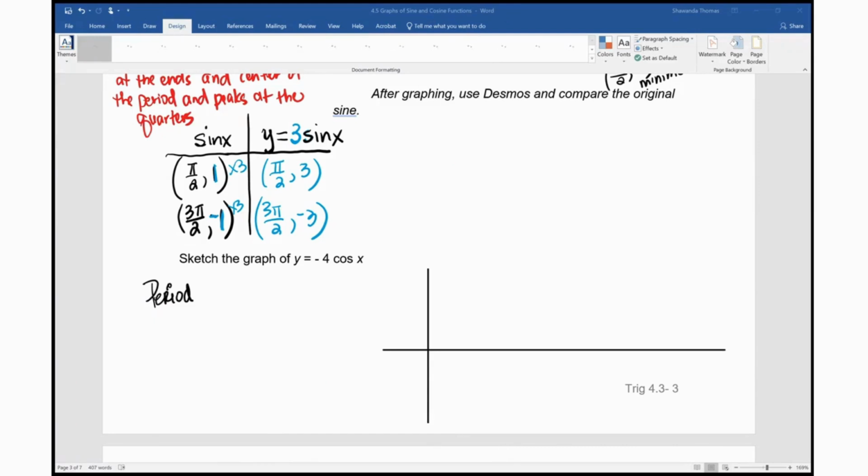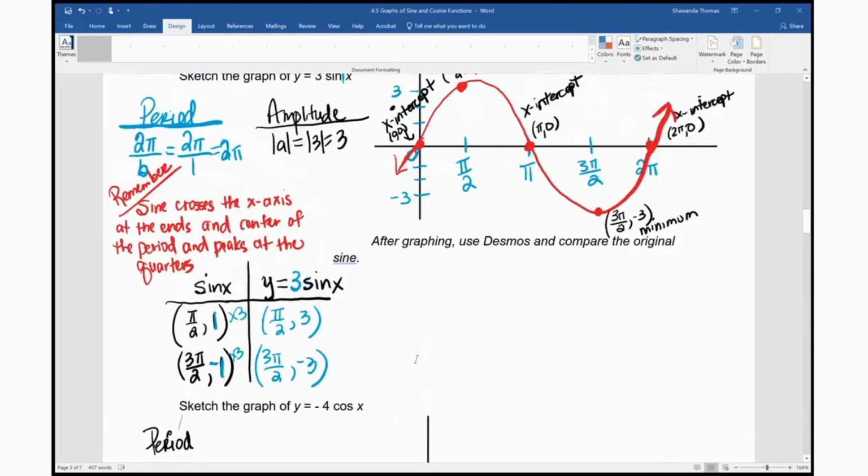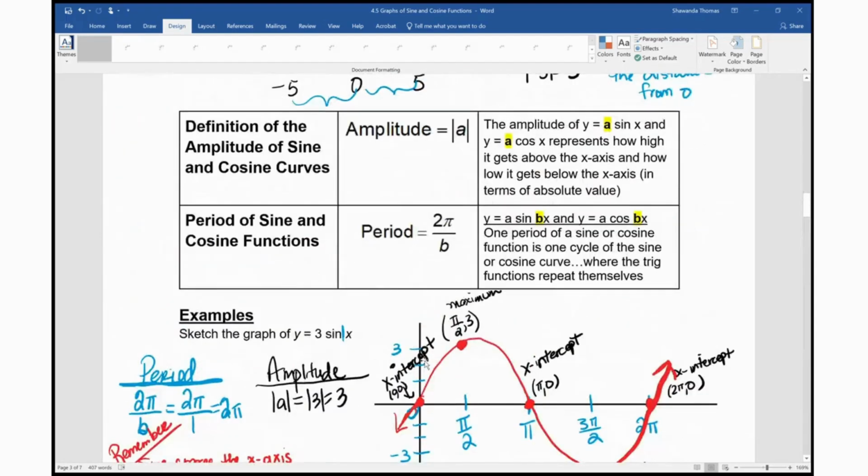Just give me the whole formula. 2 pi over b.